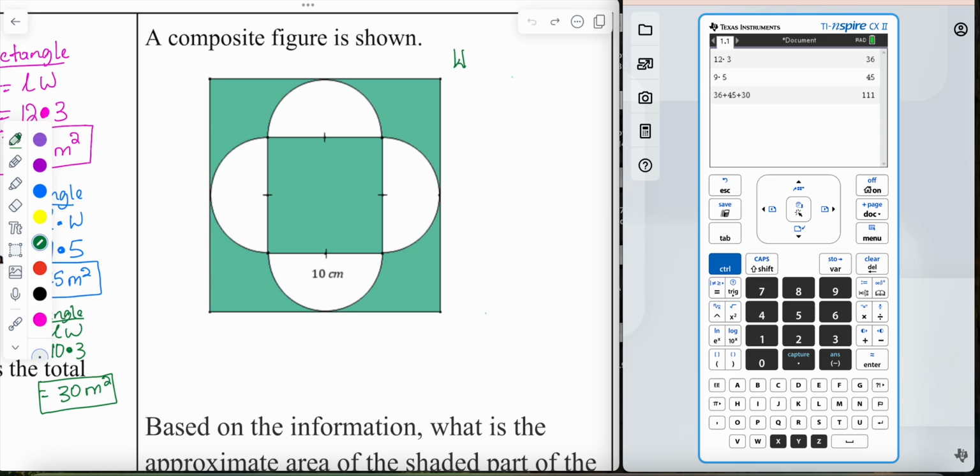So the entire figure, sorry, let me just write that down. The entire figure is a square. And then we have the unshaded. We have two circles. So we're going to find the area of the square.